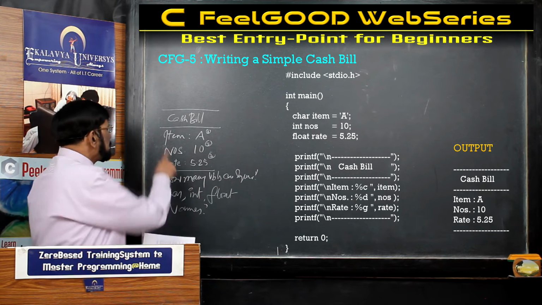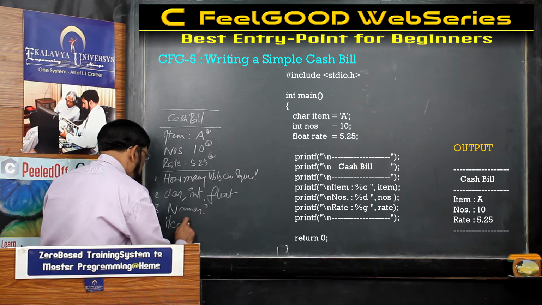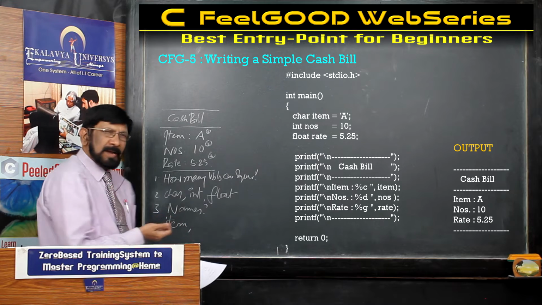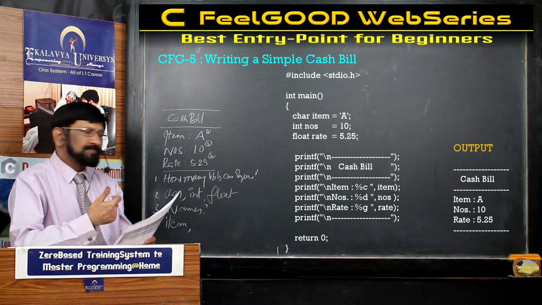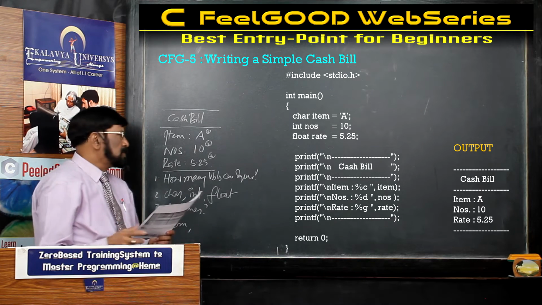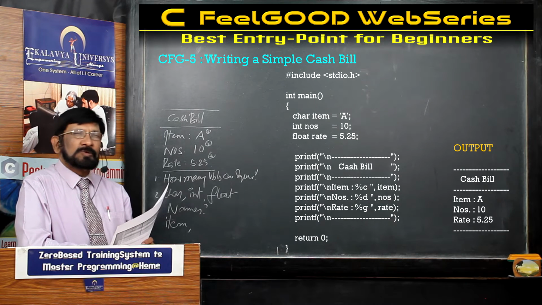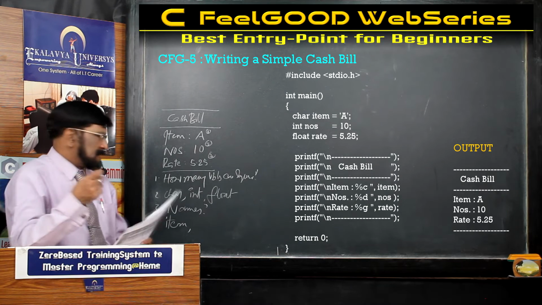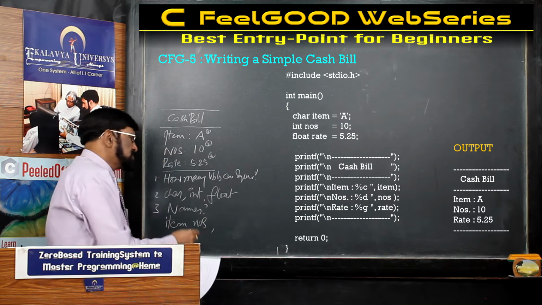Here item. Actually there is no short name, so write item only. If you write I, how can people understand? If you write IT, can people understand? No. That's why you write item in lowercase. As far as numbers are concerned, even n also people can understand because of practice. However, you write numbers. That is better.